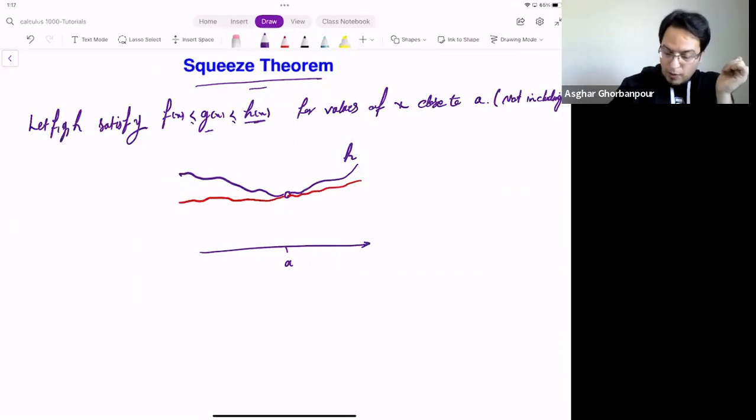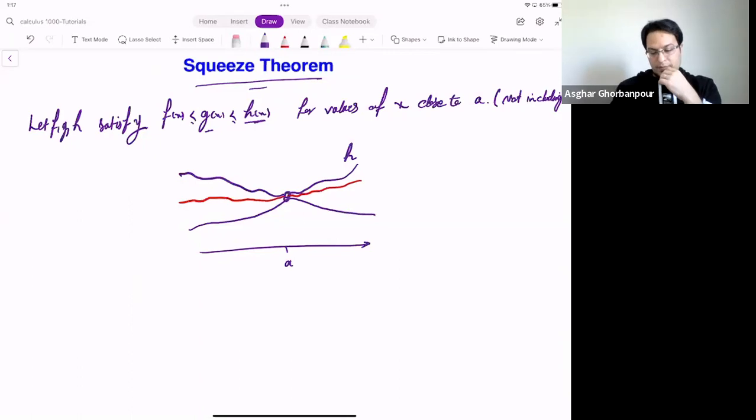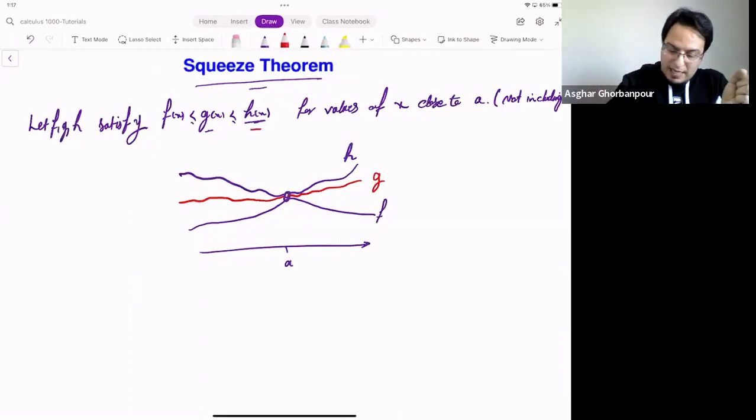And one more thing, the function f is also less than the function g. Okay, so that's the meaning of this in graphs.